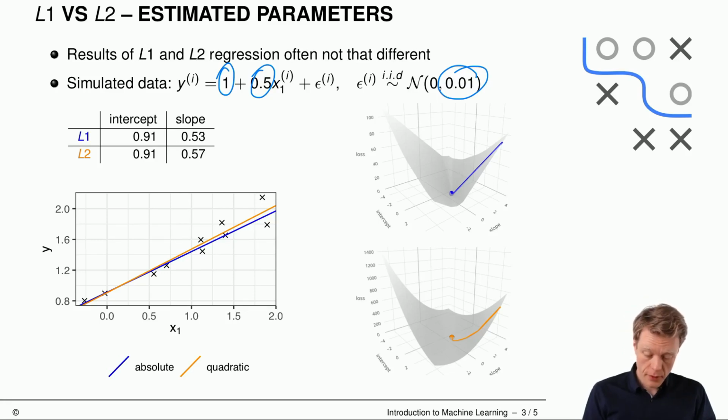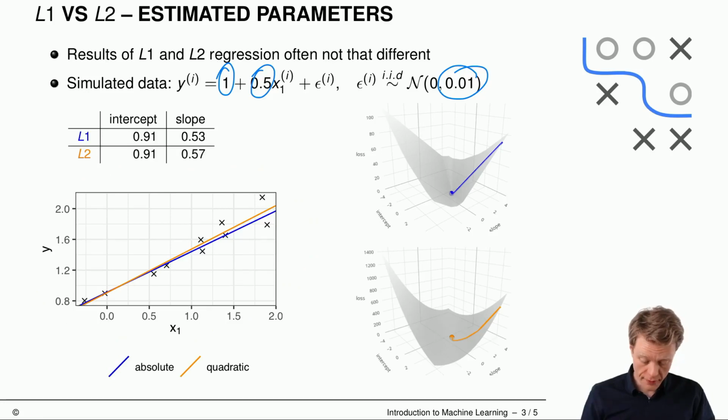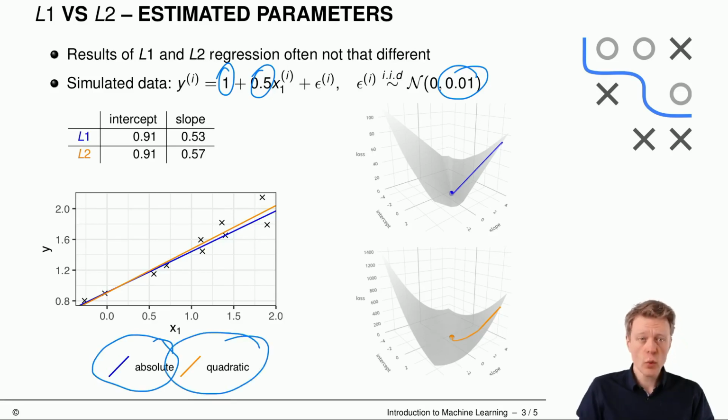Here in this plot, you can see some points from that data generating process. And you see the estimated regression lines using L1 loss and L2 loss. With the L1 loss, we have the blue line here, and with the L2 loss, we have the orange line.